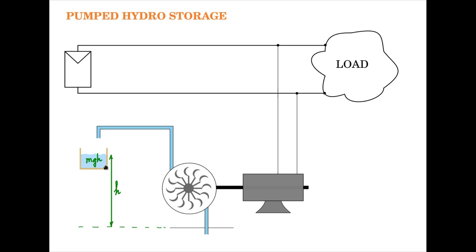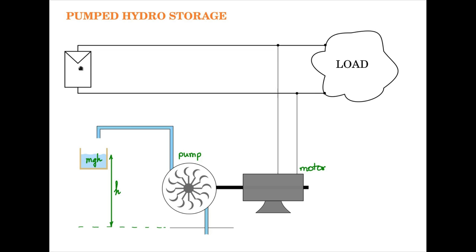Now this mgh amount of water which is lifted up and stored there is coming from this pump, which is getting driven by this motor, and this motor is getting driven from this DC bus, which is getting the energy from the PV panel.